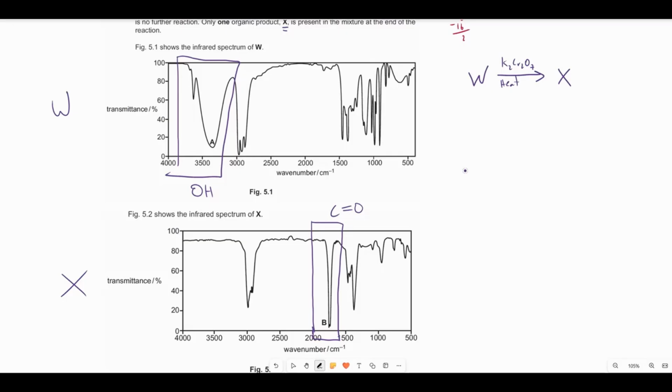But because there is no large peak here, we know there is no OH in X. Meaning there's a carbonyl but no OH, meaning X is not a carboxylic acid. So just from looking at these, I haven't even read the question. I can tell that just by identifying those big things. And also because this is A, this is B, they're probably going to ask us about it, right?